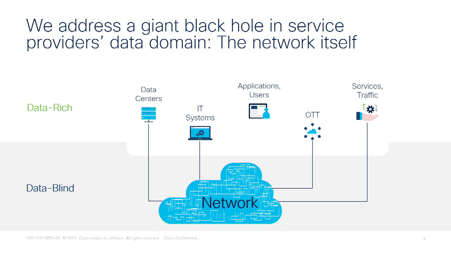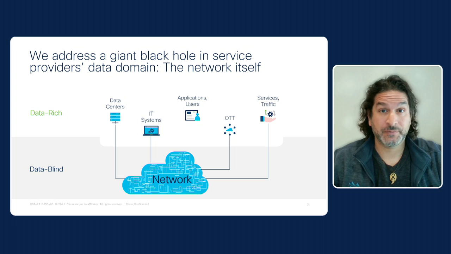That includes things like the inventory system and data center management. But when it comes to the actual network itself, typically service providers are operating on a lot less information than you might think. There's been a journey that we've been through where we're gradually bringing network automation to these types of organizations. And if you've been involved with Cisco and NSO, you're quite familiar with some of the efforts that we've been championing in that regard.